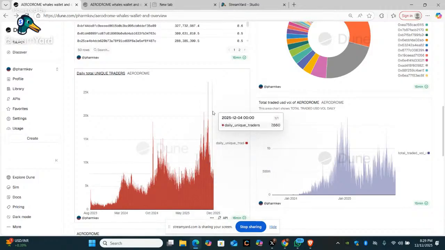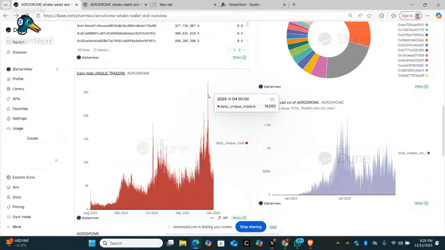Here we saw that as of November 4th, there has been an increase in the amount of unique traders, meaning either there was an activity going on the DEX, or some form of events that could warrant people coming in to trade on the DEX.